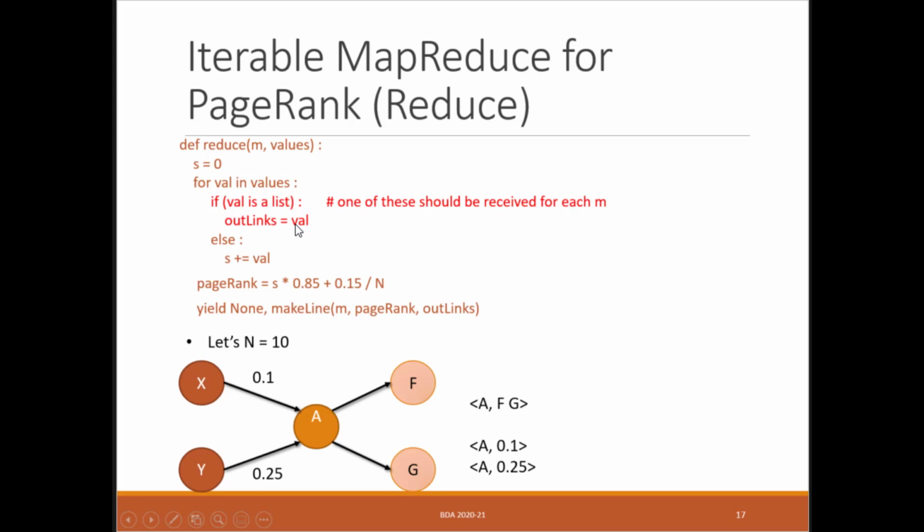In this example, in addition to the rank contribution of nodes X and Y, the reducer for node A receives a list of its outlink nodes, which are F and G. After calculating the new page rank for A, the reducer emits a pair consisting of the node ID A, its up-to-date rank, and its outlink nodes. This way, the output pairs returned by the reducers can be reused by mappers in the next iterations.